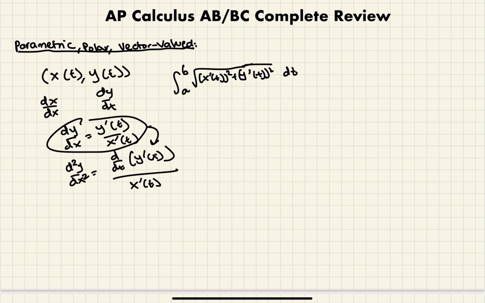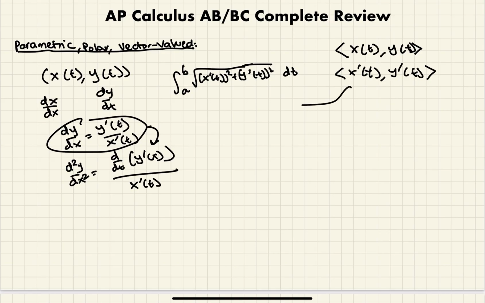For vector valued functions, it's very similar, except it's the vector x of t comma y of t, and that gives you a position vector. The velocity vector is just the derivative of that, so x prime of t, y prime of t, and acceleration, you can reason out, is just the derivative of velocity.